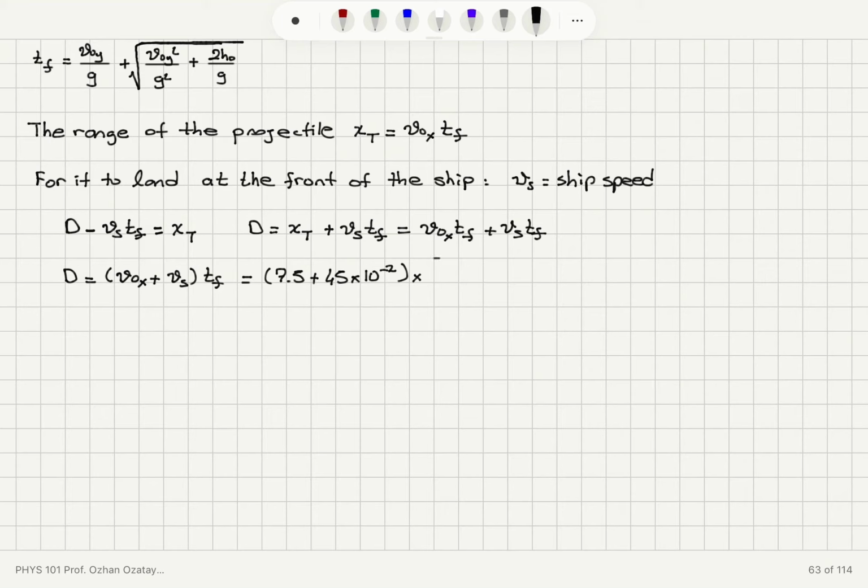Now, for the time of flight, I have to now calculate this.